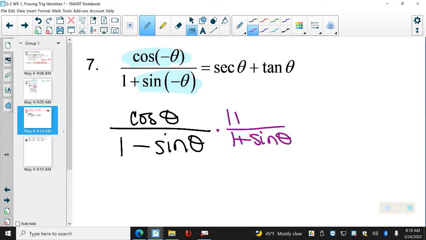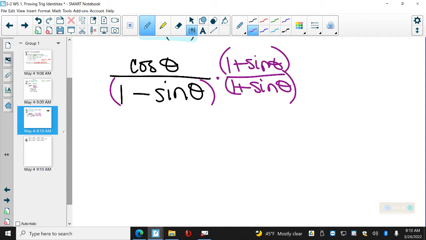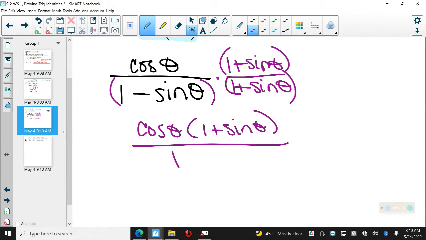What should you do to the bottom? You do to the top. Put parentheses around everything. And now what do you think you're going to do? FOIL the bottom. So the cosine of theta times 1 plus the sine of theta is equal to 1 minus the sine squared of theta.